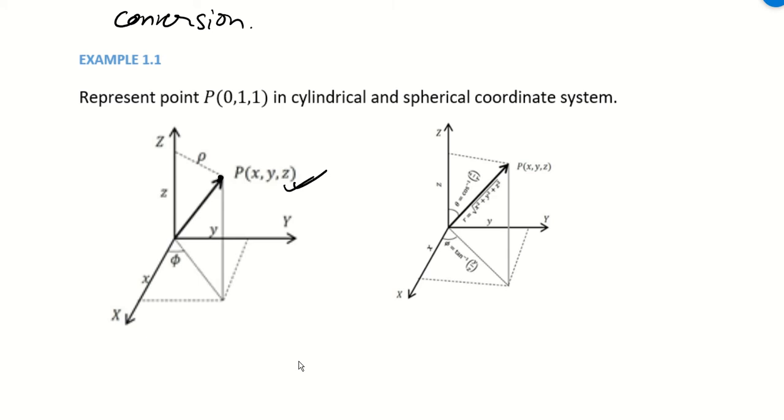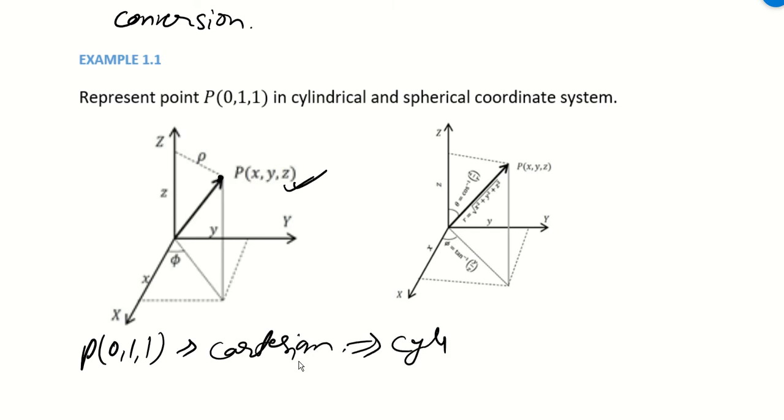From point P(0, 1, 1), this is actually Cartesian. We have to convert this to cylindrical, so we have to find the rho, phi and z components.